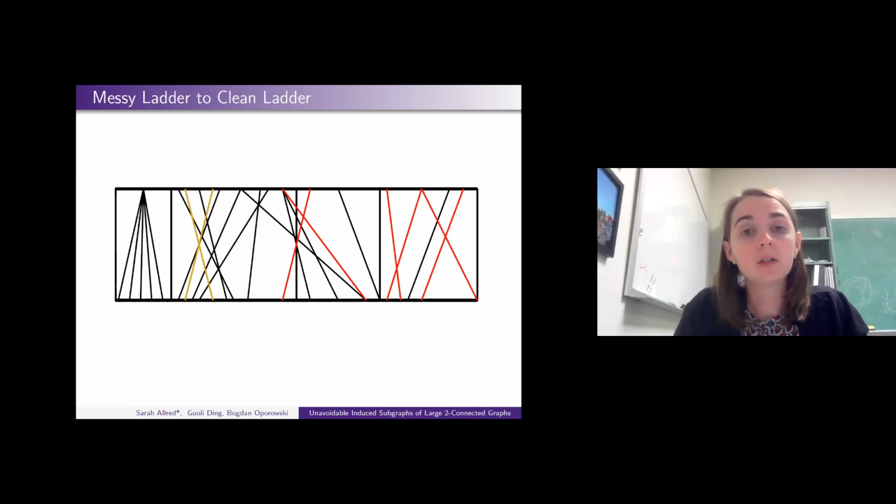The next thing we want to do to clean it up is think about how edges cross. So here we have 4 what we're calling crosses, right? So just a pair of edges that cross. And we have a little bit more than that. The first thing we want for each of these crosses is that they are not contained inside some larger cross.